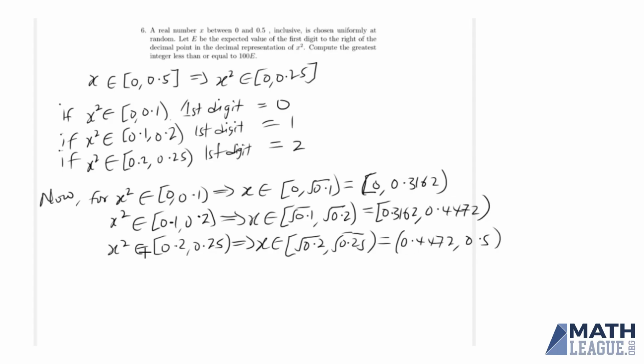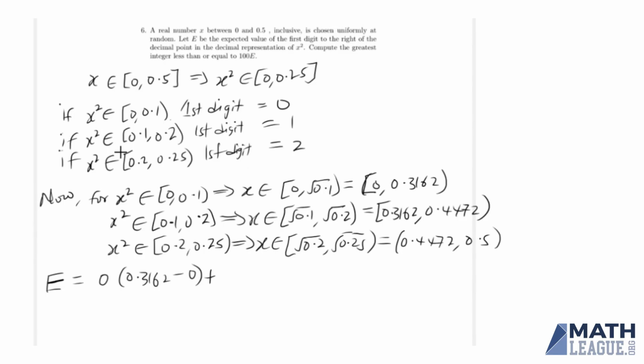From this, I'm going to compute the expected value E. The first digit after the decimal point for x squared in the first interval was 0, and I multiply this by the length of the interval, so 0 times 0.3162 minus 0.